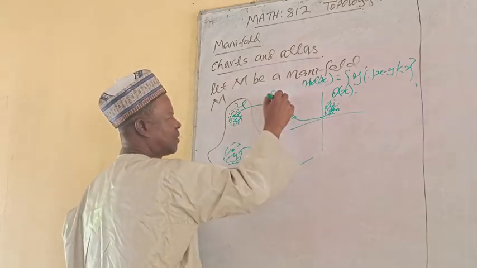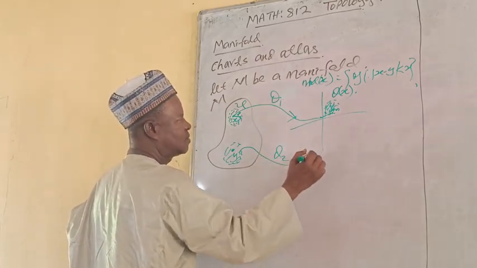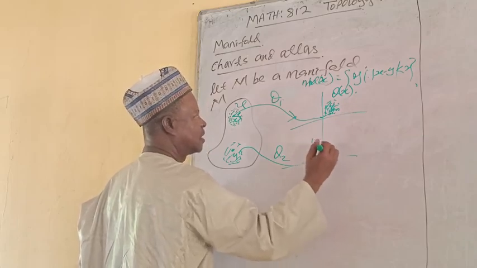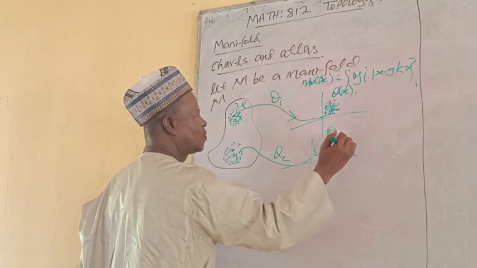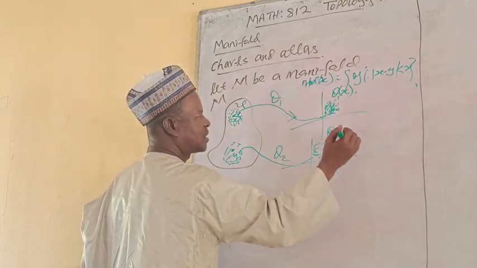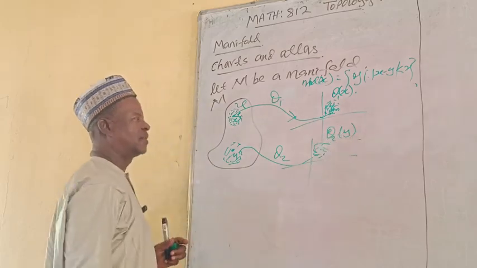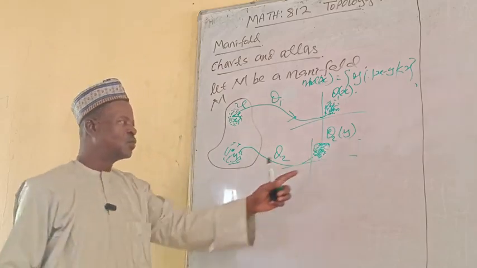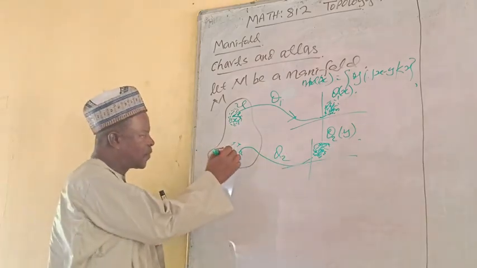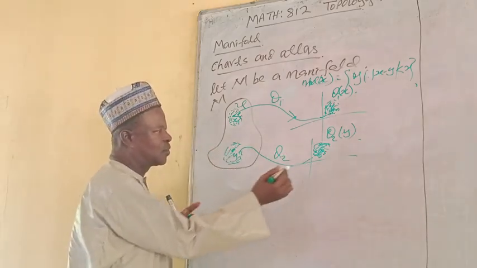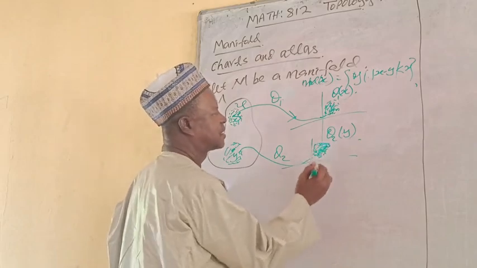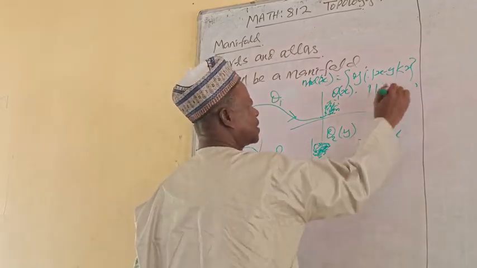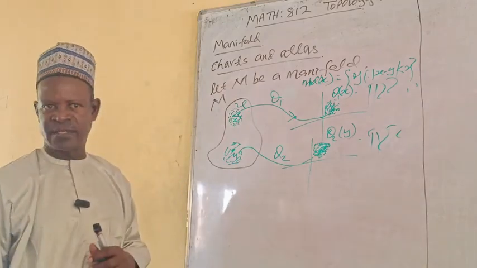If you call this theta 1 and this theta 2, and you also project this on two-dimensional space, this will be theta 1 of X, theta 2 of Y. And every point in the manifold is going to produce some open subset in R^n. In this case, R^2, the two-dimensional Euclidean plane, isn't it?